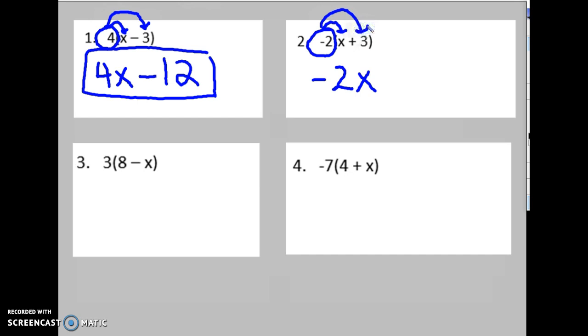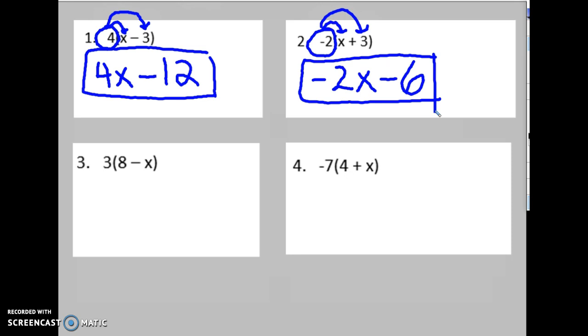So -2 times +3 is -6. I am now finished. I've done my distributive property and I'm finished. One way that you can check to see if you are finished is also to make sure that there are no like terms left that need to be combined. In this case, there are not.